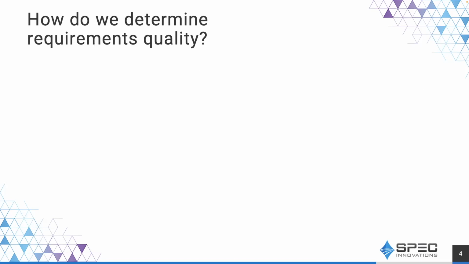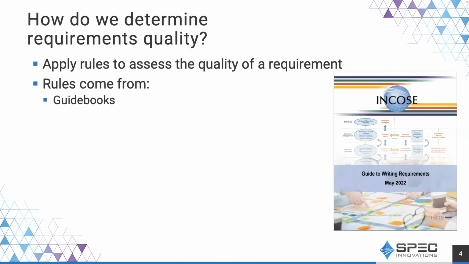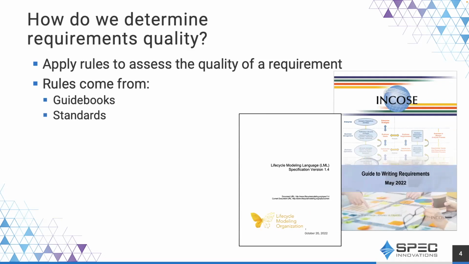So how do we determine requirements quality? We apply the rules to assess the quality of the requirement. So basically, the rules can come from a variety of sources. Guidebooks, of course, you guys have a great set of rules. Standards, there is the Lifecycle Modeling Language, which actually has a standard out for this, that includes that.